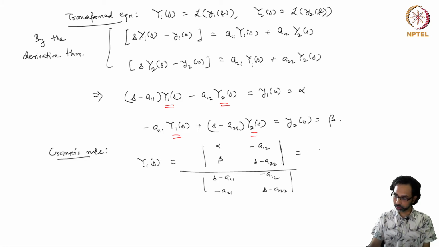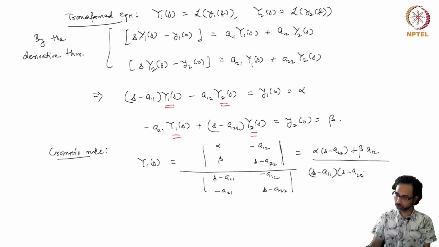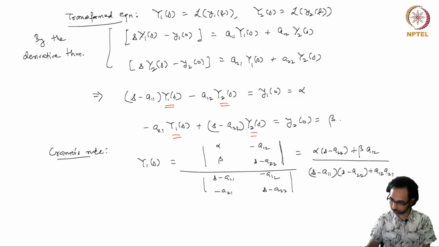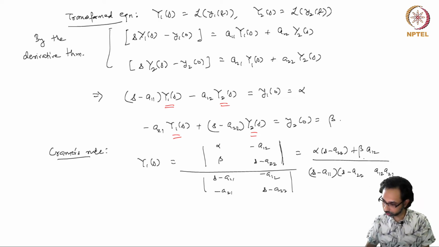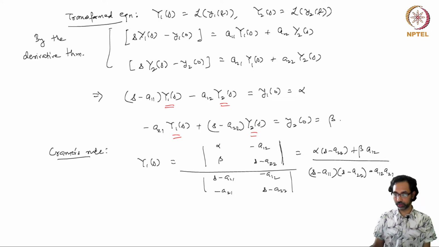The numerator is alpha times (s minus a22) plus beta times a12, divided by (s minus a11) times (s minus a22) minus a12 a21. Sorry, there is a minus sign here.